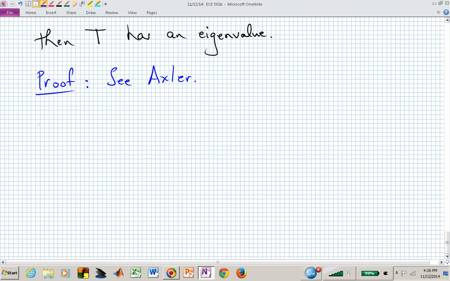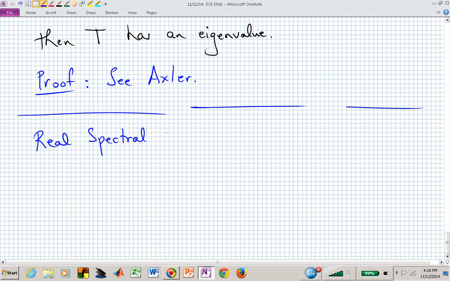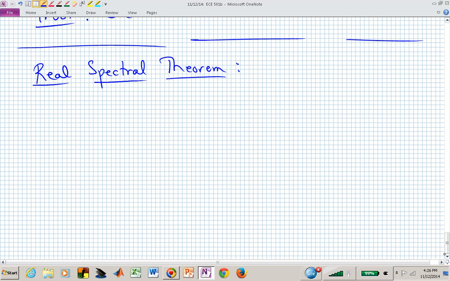And now we can start talking about the real spectral theorem, where spectral is really referring to the spectrum, which is another way of talking about eigenvalues.